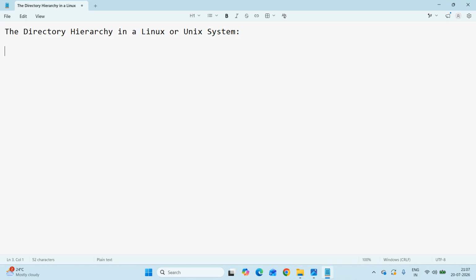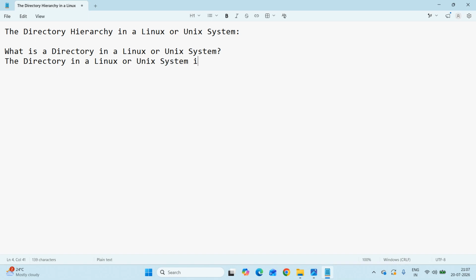Let me start by mentioning what a directory is. What is a directory in a Linux or Unix system? The answer is: the directory in a Linux or Unix system is very similar in purpose to the folder in the Microsoft Windows operating system.